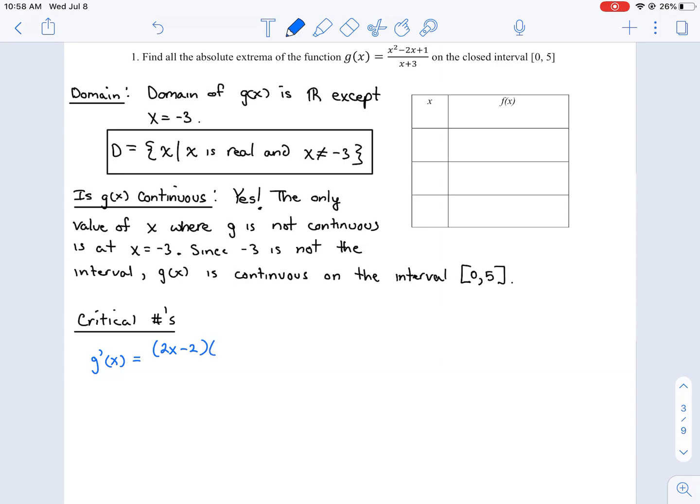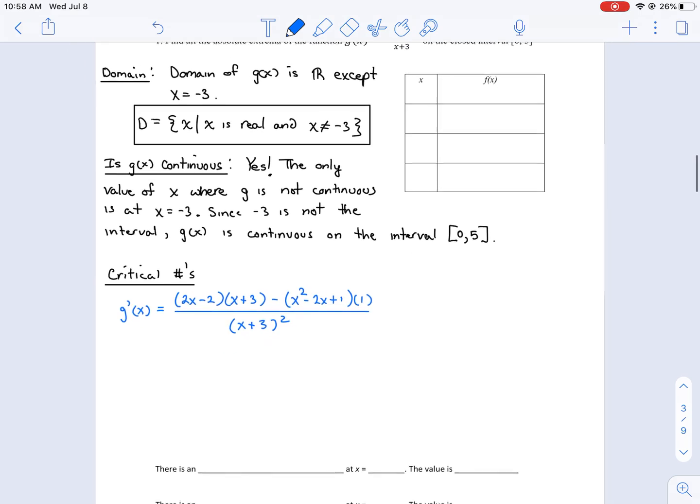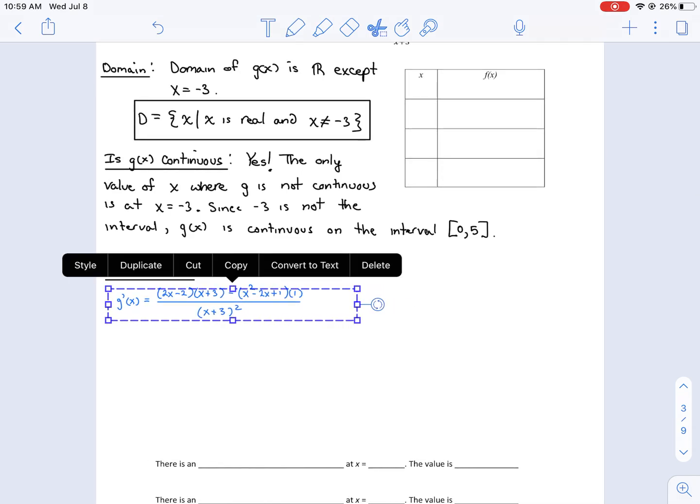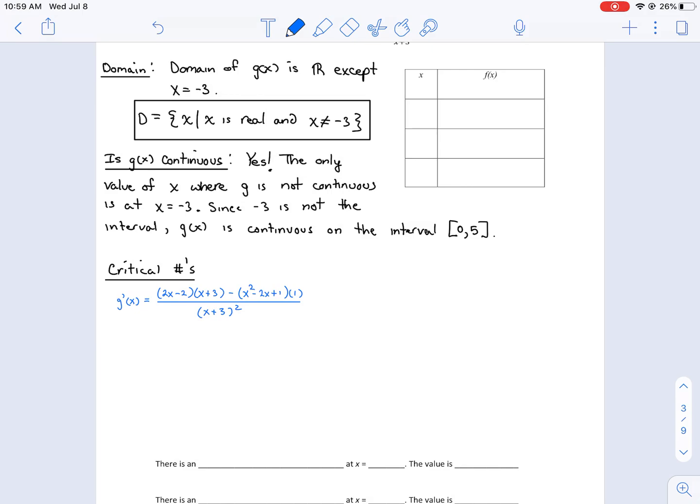So it's the derivative of the numerator times the denominator minus the numerator times the derivative of the denominator, all divided by the denominator squared. If we simplify the derivative, we get this.